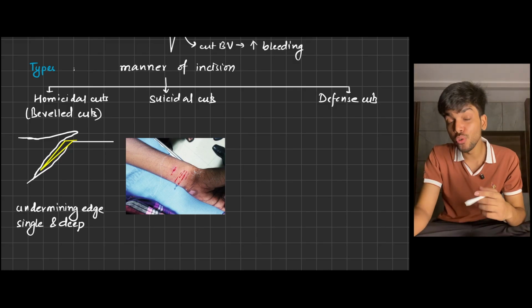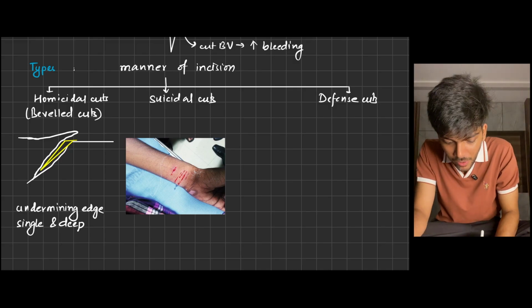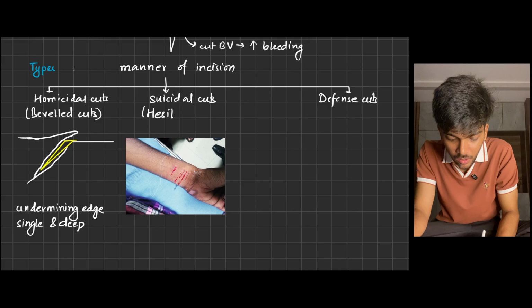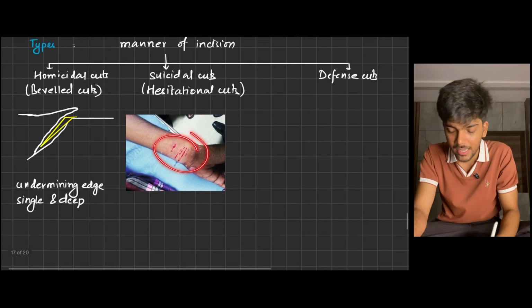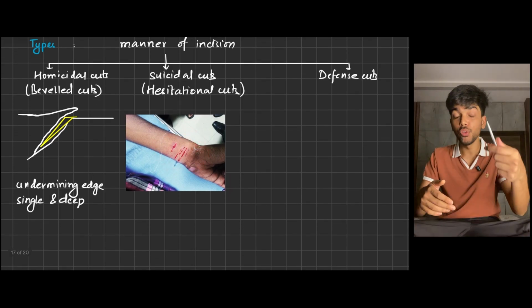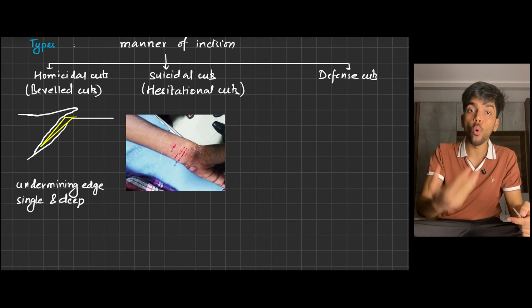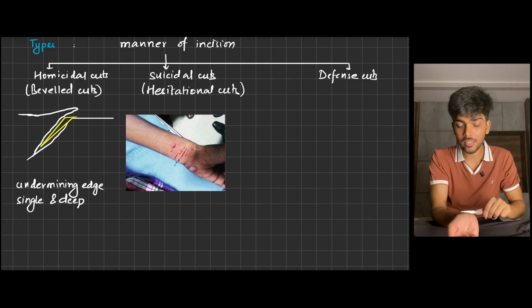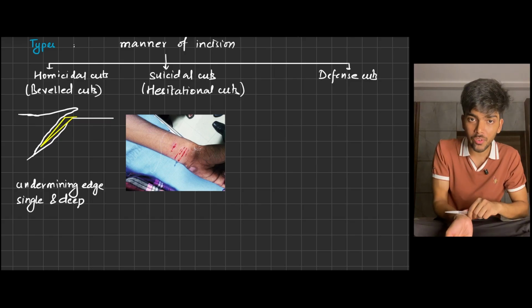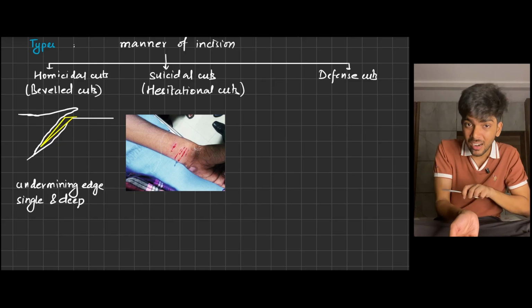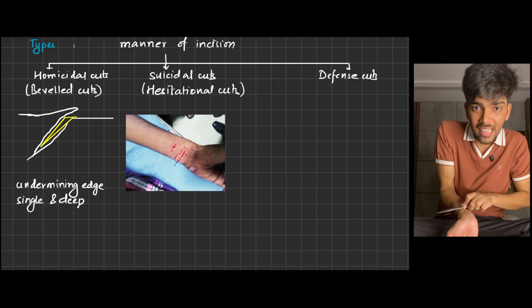Next, suicidal cuts. These are also referred to as hesitational cuts. These are most commonly seen over the wrist, where you are trying to end your own life by cutting your wrist. And when you try to cut your wrist, you don't slice it at an angle.